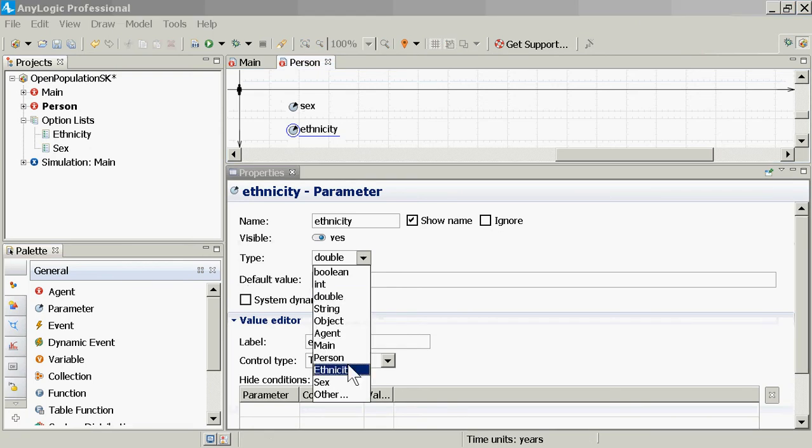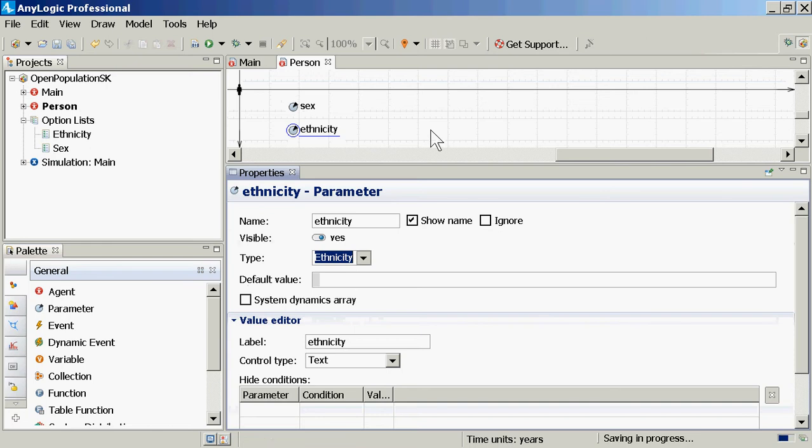Ethnicity. Now, folks, where will the particular values for these be assigned for the initial population? They'll be assigned in Main. Where in Main? Population. Good. So let's go back and do that for the sex of the population.